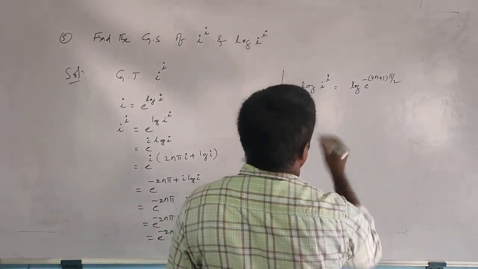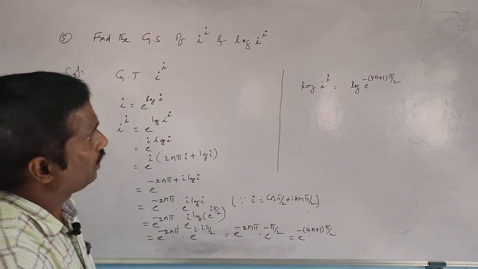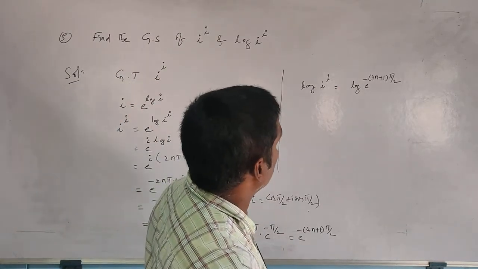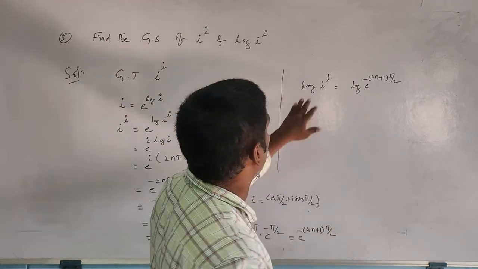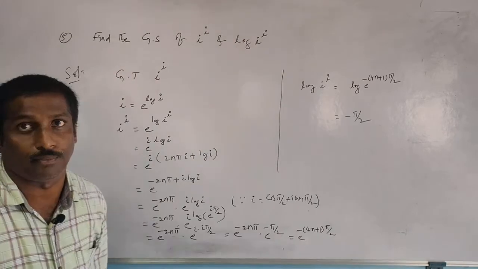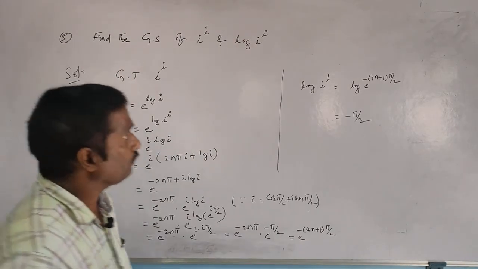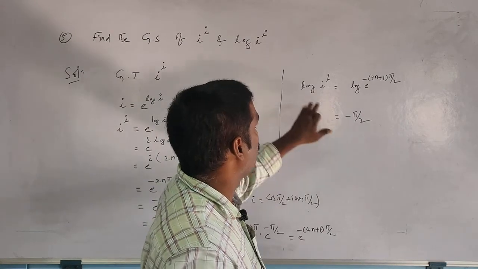Okay, this is the general solution of the log of i power i. Here put n equal 0, we obtain the principal value of the log of i power i.